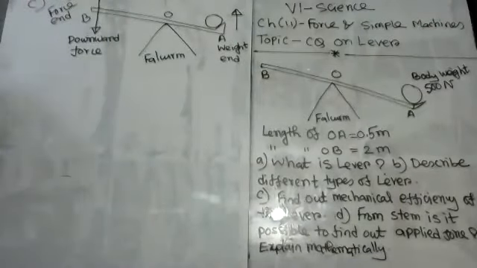Force end. Now, if you want to measure the length starting from point O to point A, since point A is the weight point, the length O to A is called the length of the weight arm, because this arm can carry the weight.